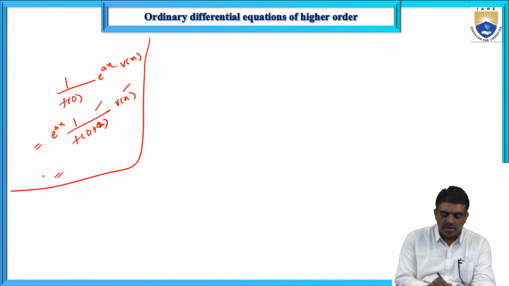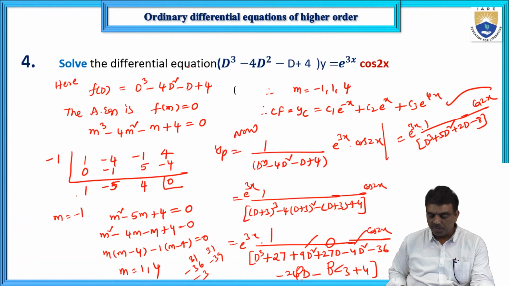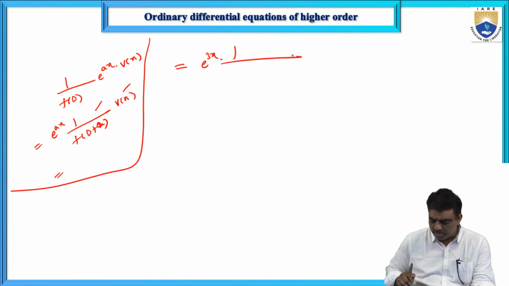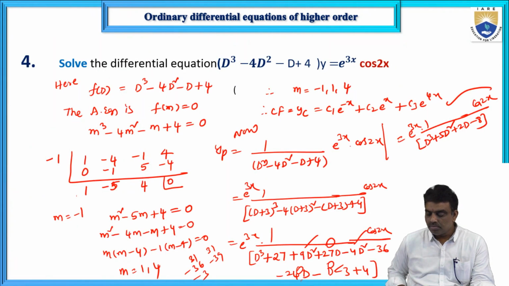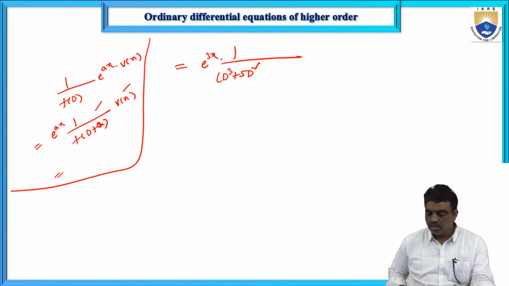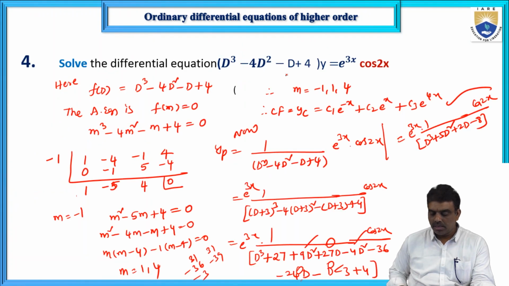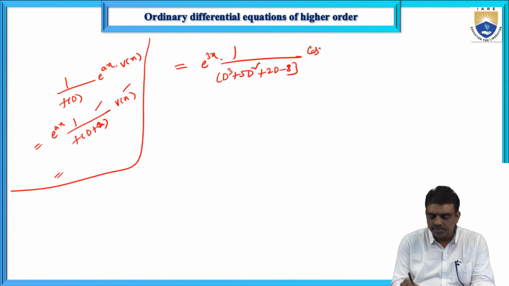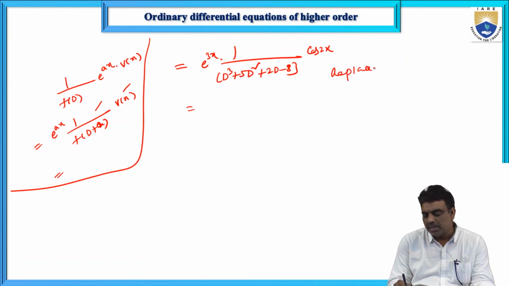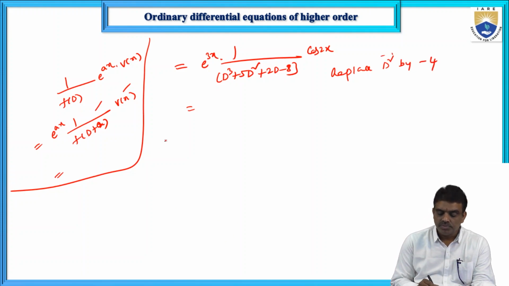So similarly here, what I am doing is e power 3x into 1 by D cube plus 5D square plus 2D minus 8 of cos 2x. Now replace D square by minus 2 square, that is minus 4. Then what you will get?